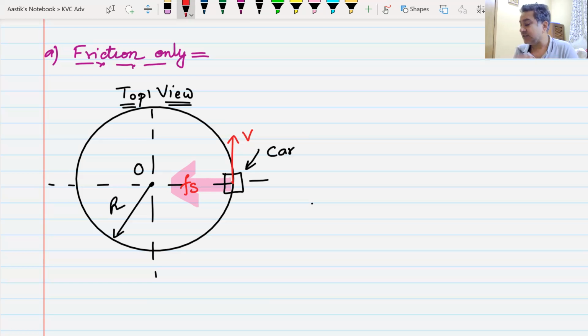What are the equations that we are going to make? Can anyone tell me? Equation number 1. Mass of the car is given, let us say, as m.